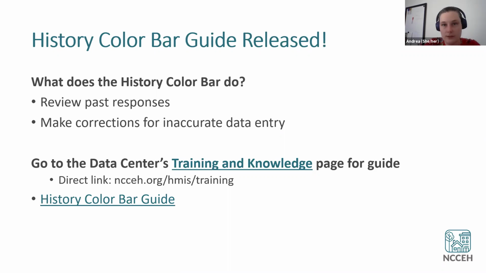We've walked through this together at previous user meetings, but it was really apparent that it was a helpful tool for housing inventory count and point in time count correction, so we formalized that a bit. What this guide does is show us how to find the history color bar, when to use it, and also how to make some corrections based off that. So that is an available resource for you.